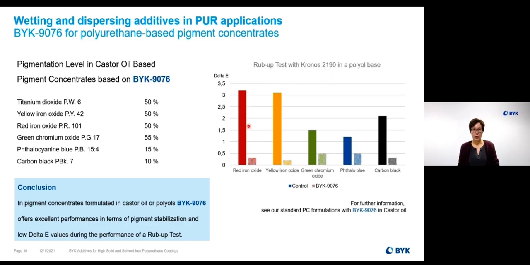And when we are not using a wetting and dispersing additive, you see very high delta E values. With wetting and dispersing additive, you see that the column is very low. So that means we definitely need wetting and dispersing additives.